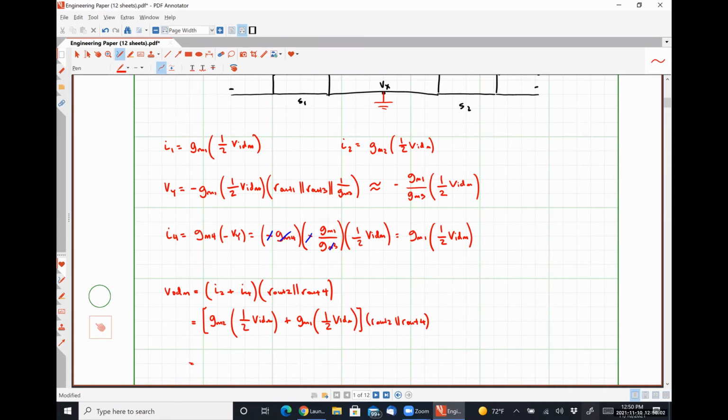And since transistors M1 and M2 should be matched, GM1 and GM2 are equal.